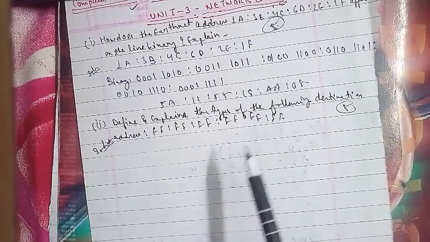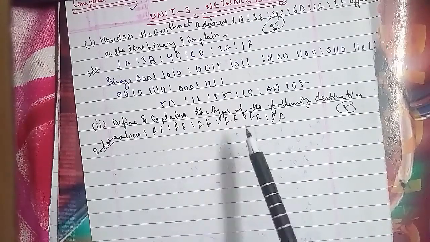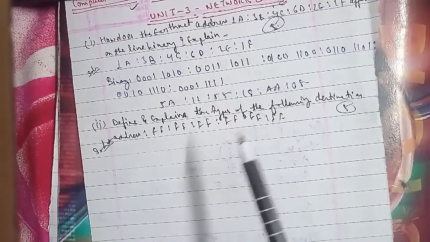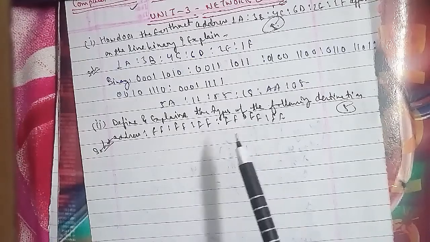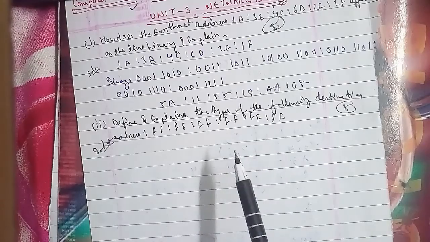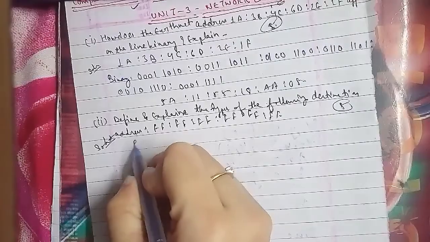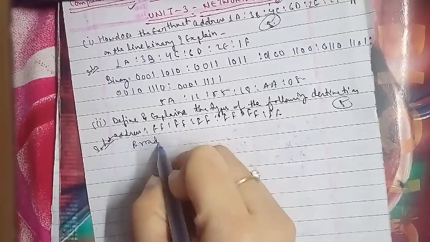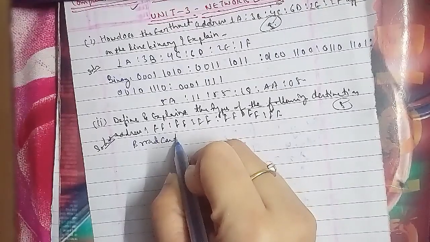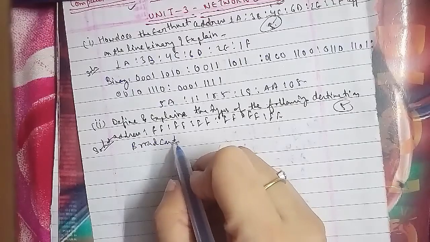So this is a broadcast address because all the digits are f. Okay, so now we'll go ahead with another one.